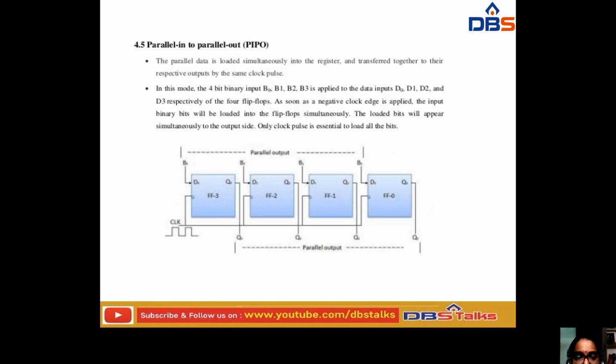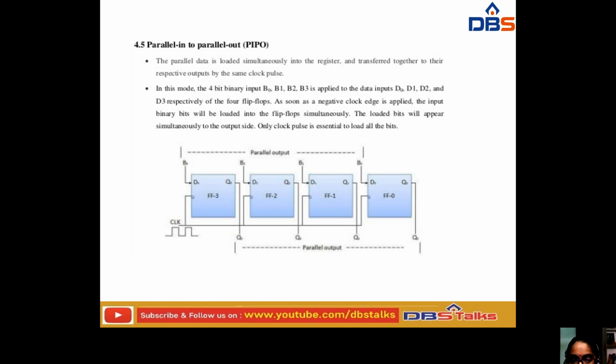Now let us see about the parallel in parallel out condition. Here the data is loaded simultaneously into the registers and transferred together, such that the respective outputs are obtained by the same clock pulse. In this mode the 4-bit binary inputs, that is B0, B1, B2, B3, are applied to the data inputs, that is D0, D1, D2 and D3 respectively, of the 4 flip-flops.